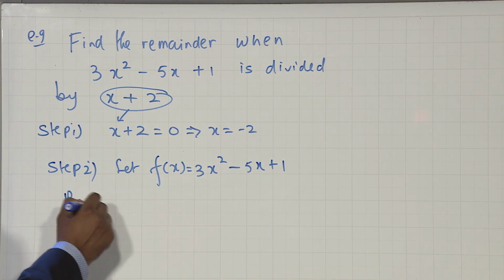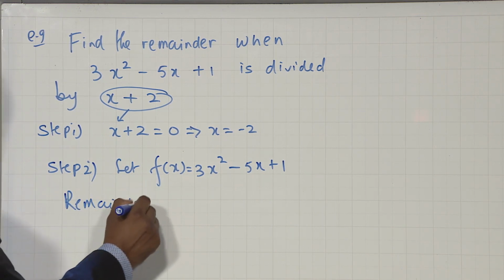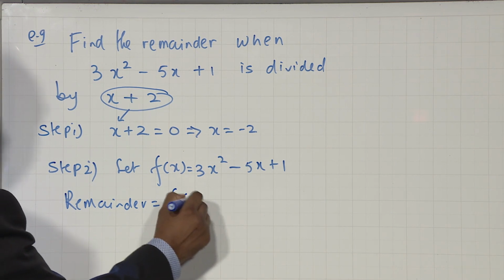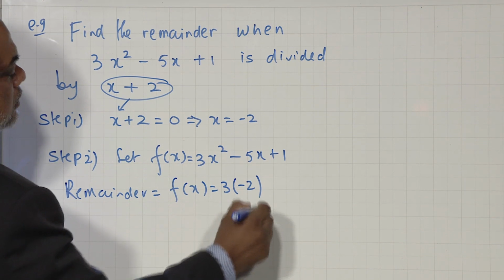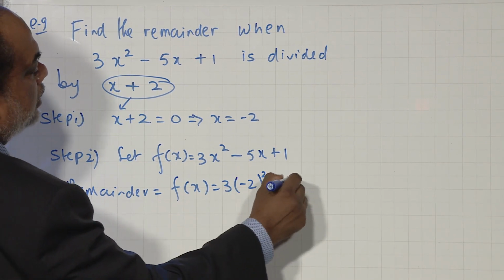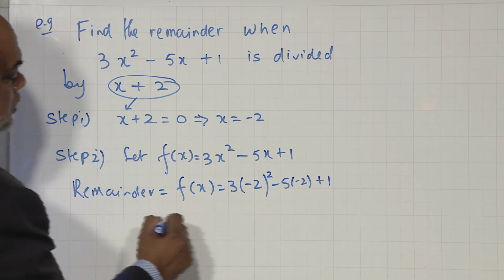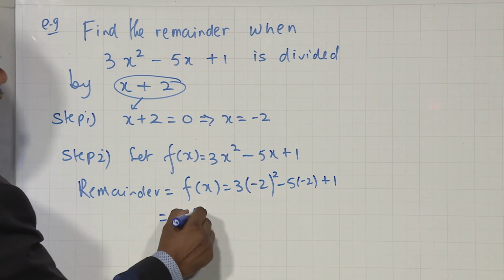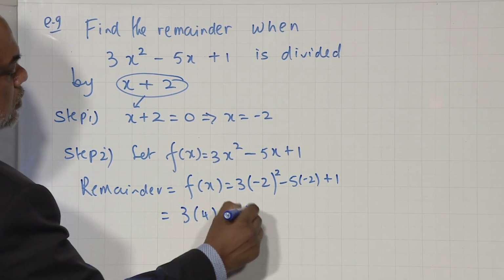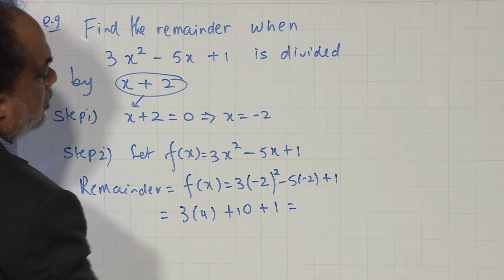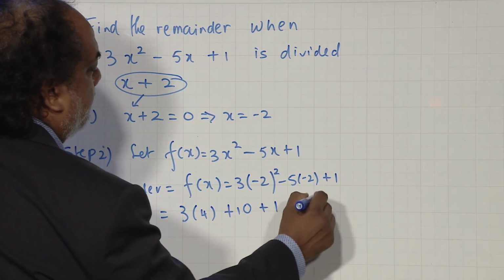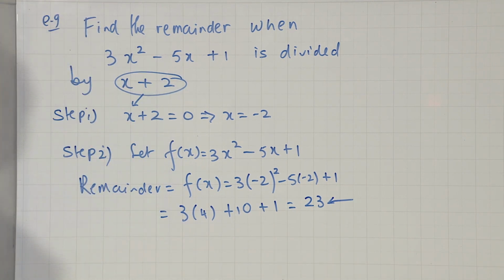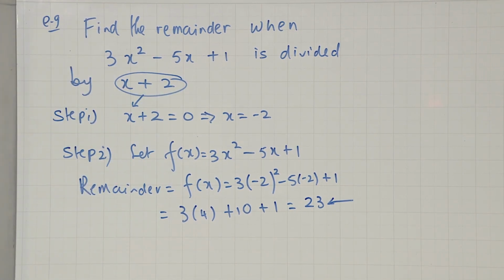Then the remainder is equal to f(x) with x replaced by minus 2. So this gives me 3 times 4 plus 10 plus 1, so 23. So the remainder is 23.